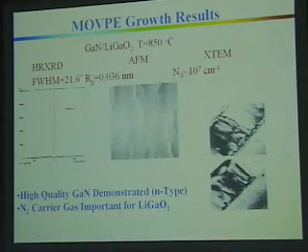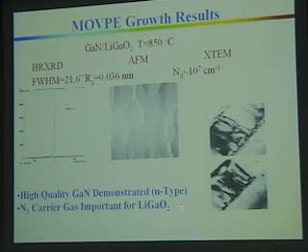Here are some MOCVD growth results then, growing on top of that nitrided layer. You can see here is an AFM micrograph of the gallium nitride growth, very smooth surface. This is a high resolution X-ray diffraction spectrum showing a full width half max of about 21 arc seconds. That's as high a quality of gallium nitride as has been reported.